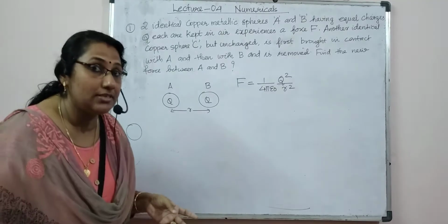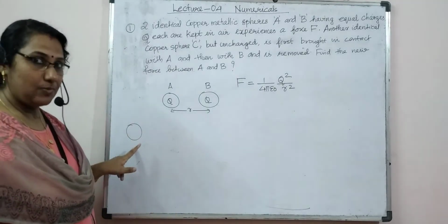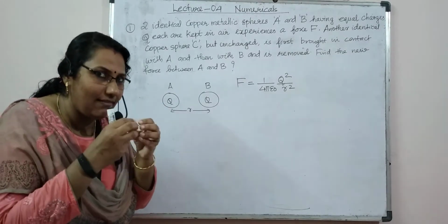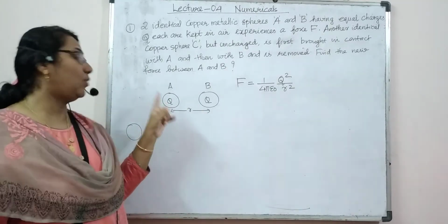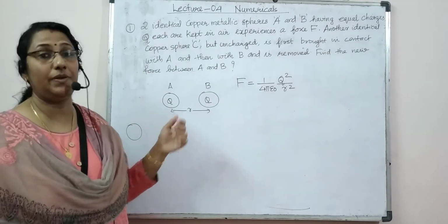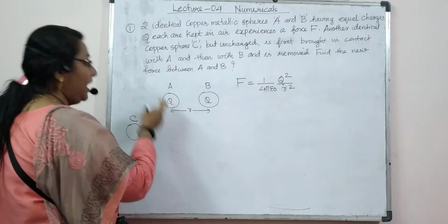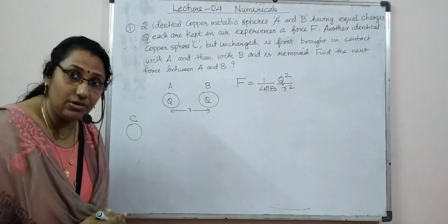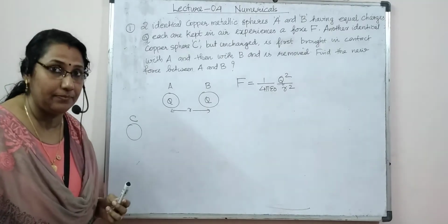Okay, so what is the concept you have to use here? When an uncharged sphere touches a charged sphere, we have studied this during electrification by conduction. Charges are shared between A and C. A has a charge Q, C has no charge, but when they are kept in contact, A shares its charge with C by conduction.